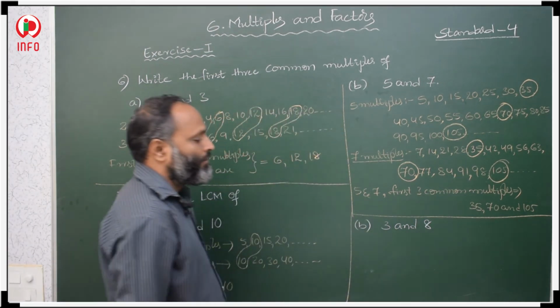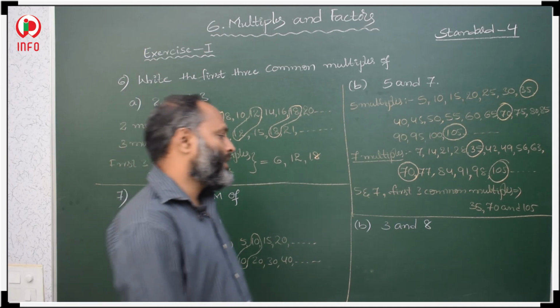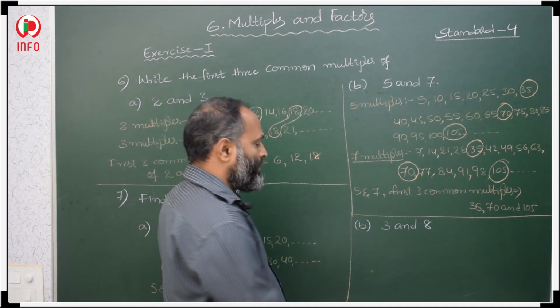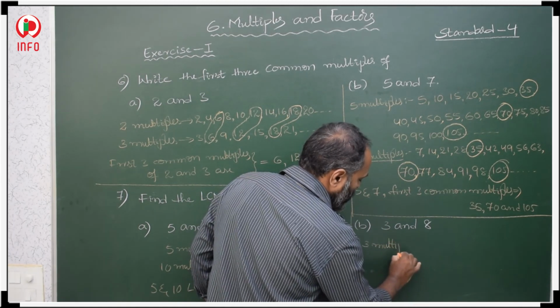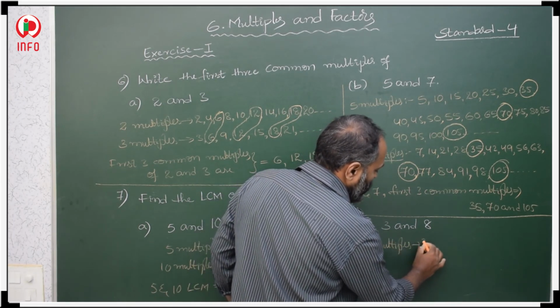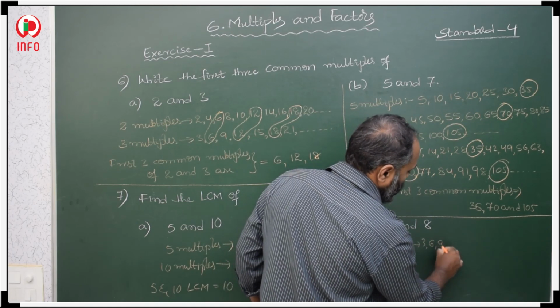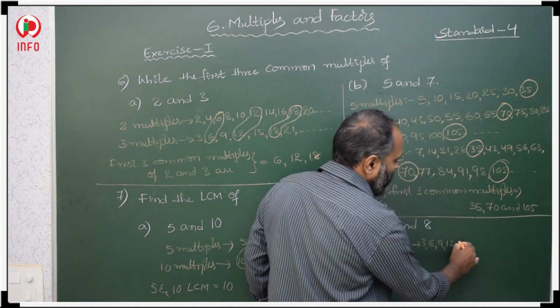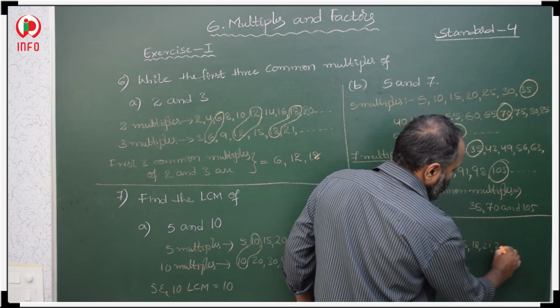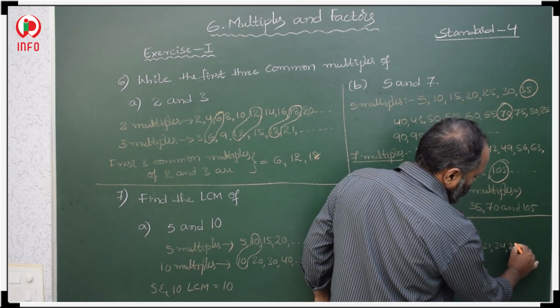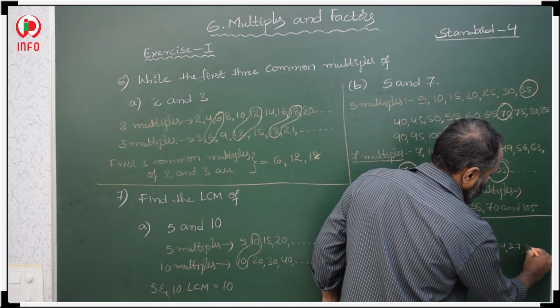Next, 3 and 8. How to find the least common multiple of 3 and 8? First we write the multiples of 3: 3, 6, 9, 12, 15, 18, 21, 24, 27, 30, and so on.